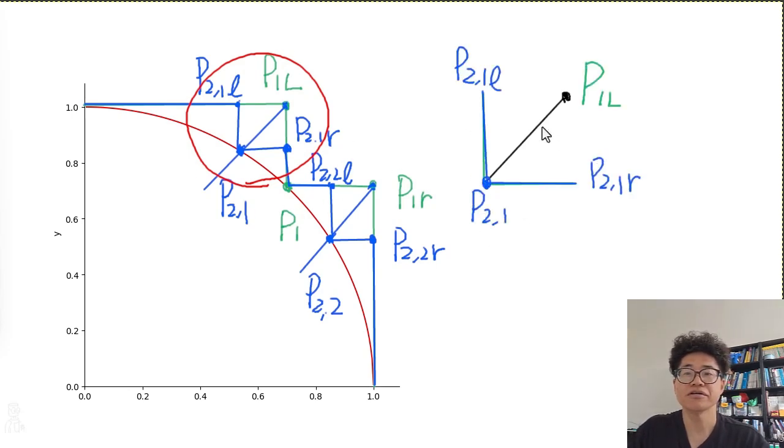If you see here, from P1L, there's a diagonal line, then intersection point P21, from P21, horizontal line and vertical line, and that is L and R. Here is also the same. For one step, from the corner point, intersection point and L and R points are created.